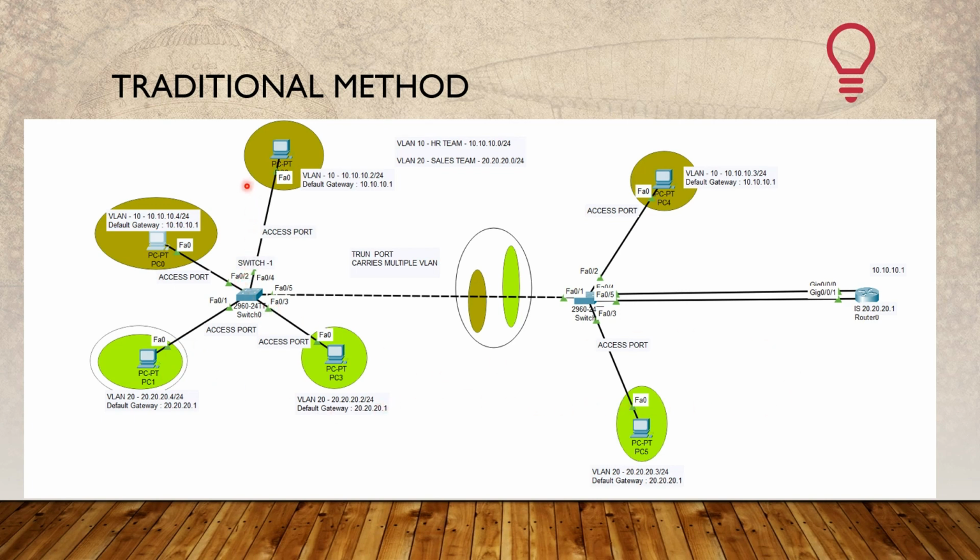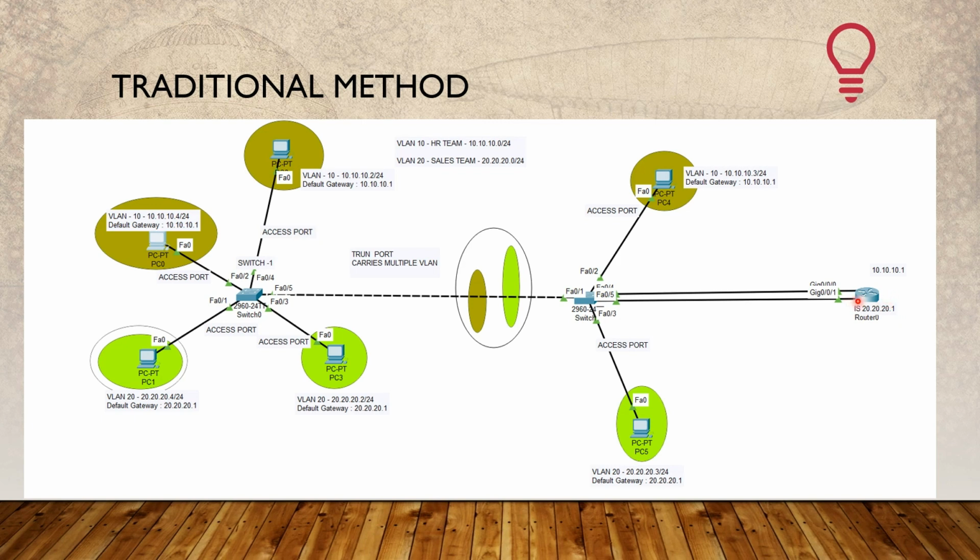All the PC-connected ports will be enabled as access ports. The switch-to-switch connectivity port is enabled as a trunk port. And here I'm placing one router, an L3 device. For all of VLAN 10, the gateway will be 10.10.10.1.